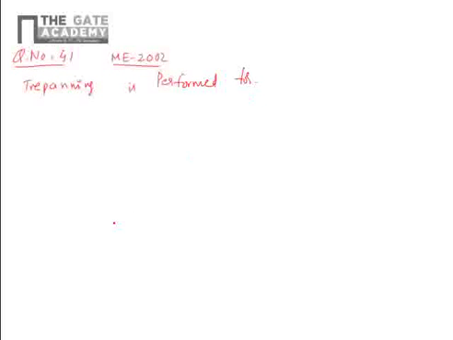But question number 41, GATE 2002: trepanning is performed for option A, finishing a drilled hole, option B, producing a large hole without drilling, option C, turning a hole for alignment, option D, enlarging a drilled hole.